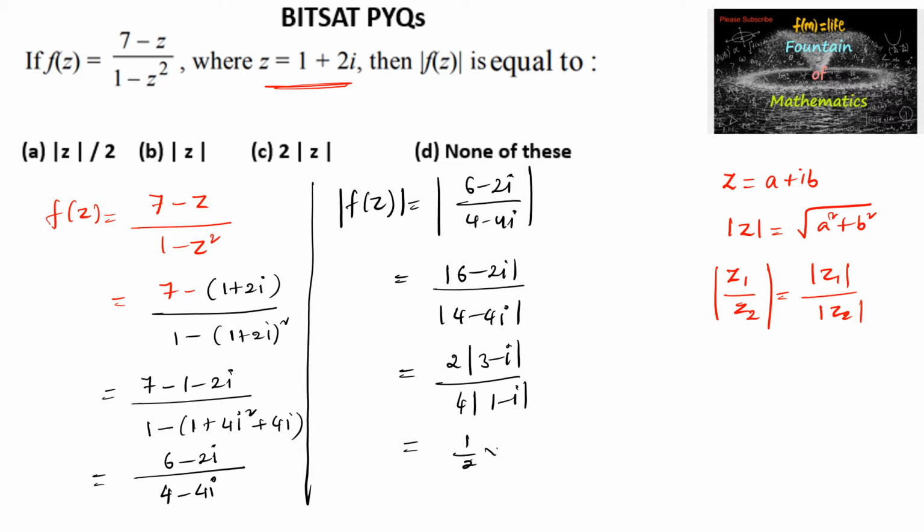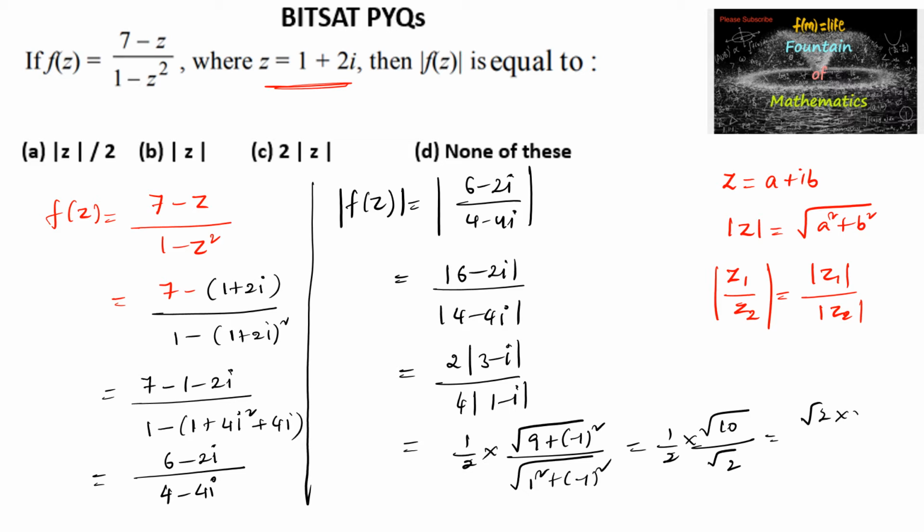So that is 1 upon 2 times, since we know that mod z is equal to root of a square plus b square, root of (3 square plus negative 1 whole square) divided by root of (1 square plus negative 1 whole square). So 1 by 2 into root of (9 plus 1), that is root 10, divided by root 2. So we can write root 2 into root 5 divided by 2 into root 2.